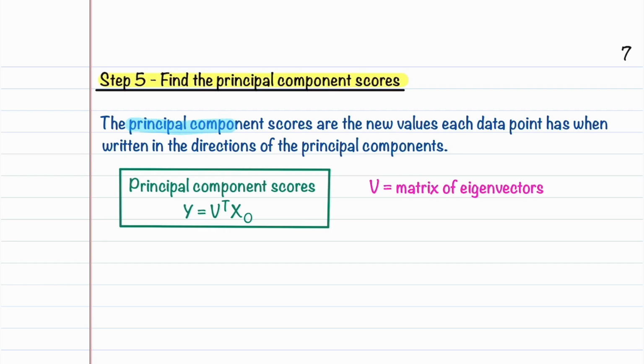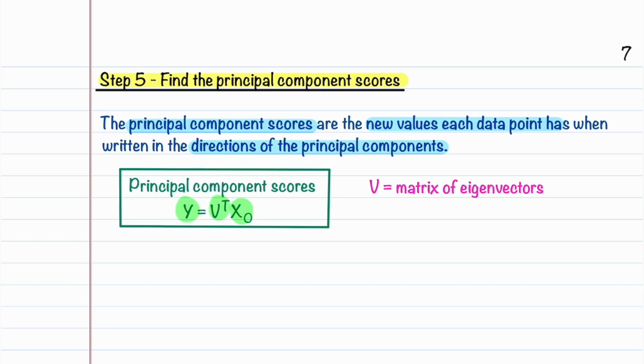The principal component scores are the new values each data point has when written in the directions of the principal components. The principal component scores are contained in matrix Y, and that matrix is equal to the transpose of our eigenvector matrix times our centered data matrix.